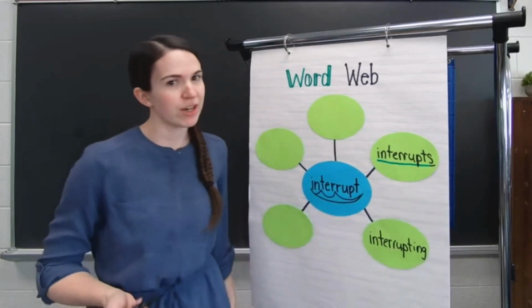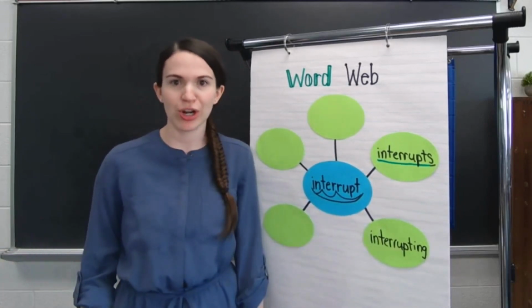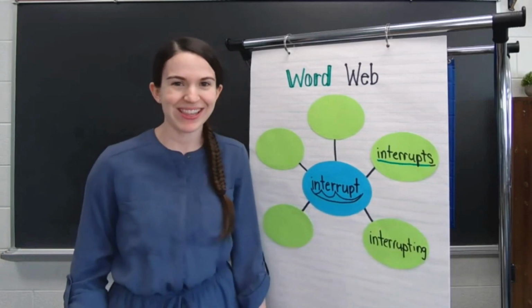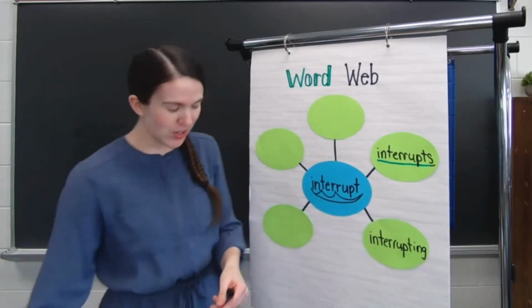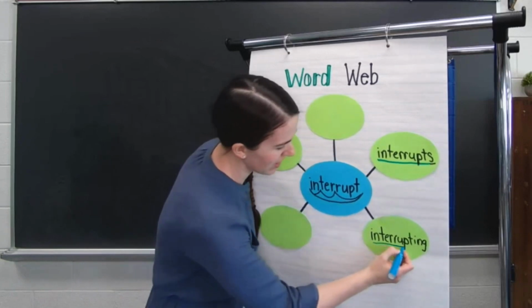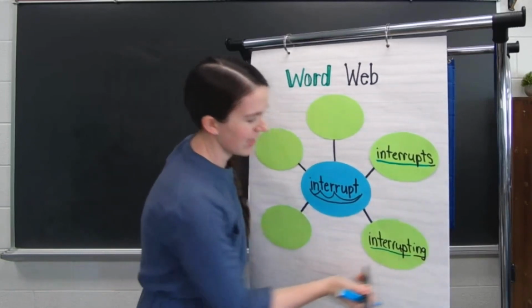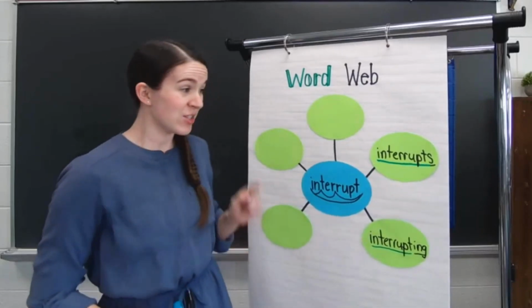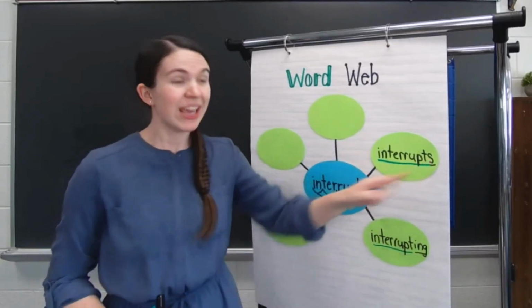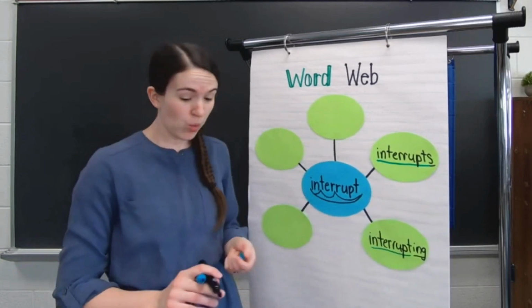For example, Braden keeps interrupting his teacher and his class. This word is also a verb because it tells an action that Braden is doing. Interrupting with ing at the end.